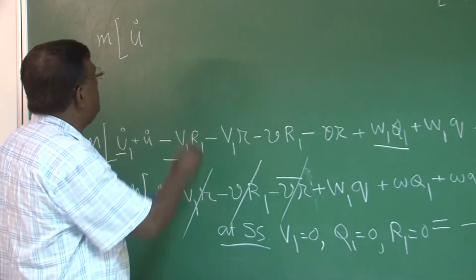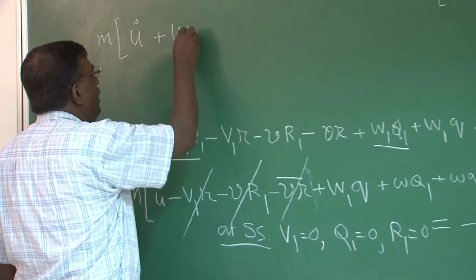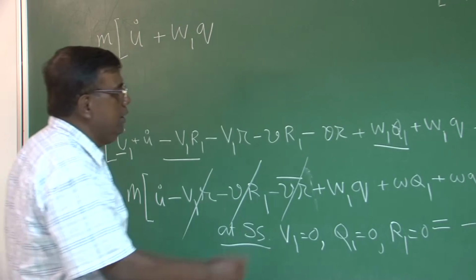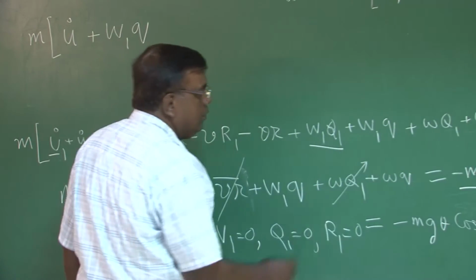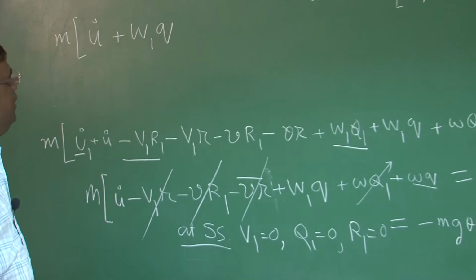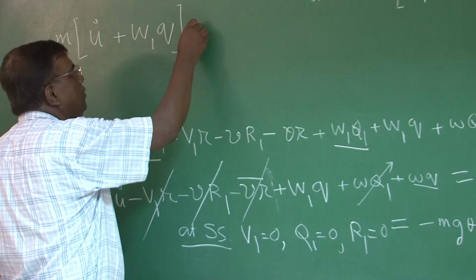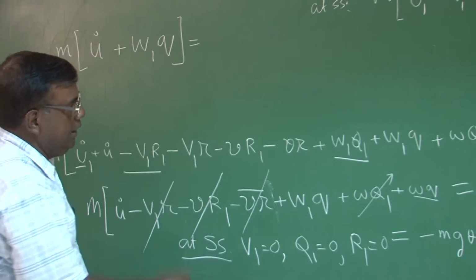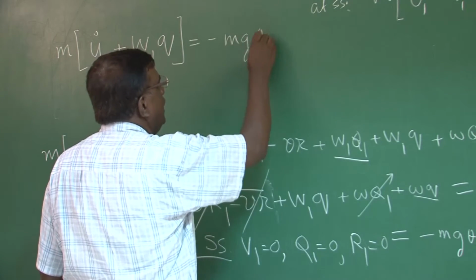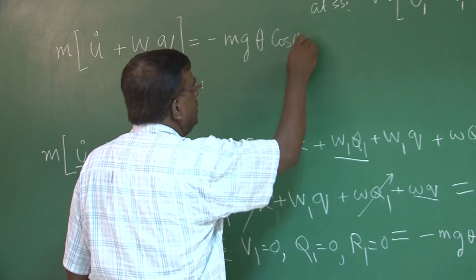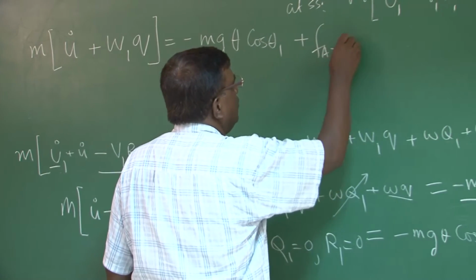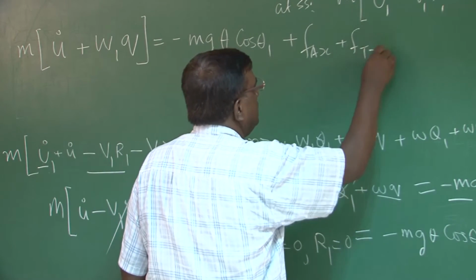Here I am left with plus W1 Q, and then Q1 is 0, this also goes, and WQ is a product of two perturbed quantities, that also vanishes. So this is equal to, remaining is minus mg theta cos theta 1 plus FAX plus FPX.